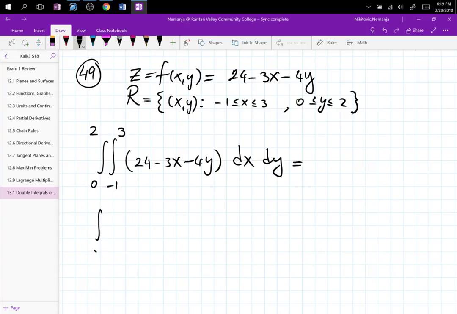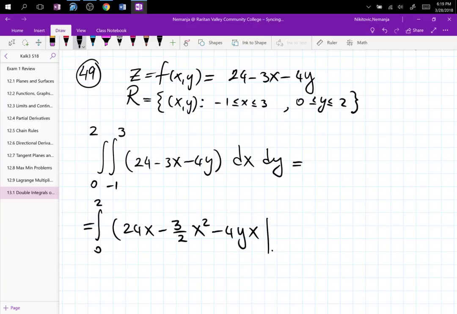We are integrating first with respect to x, so it's going to be 24x minus 3/2 x squared minus 4yx. And you know, the most mistakes on exam 3 and the final happen when you do this.